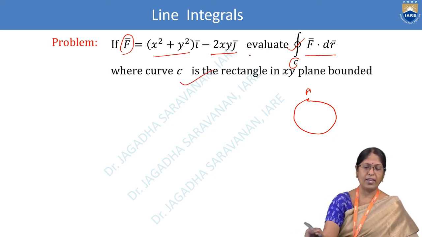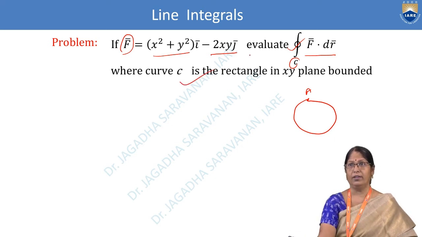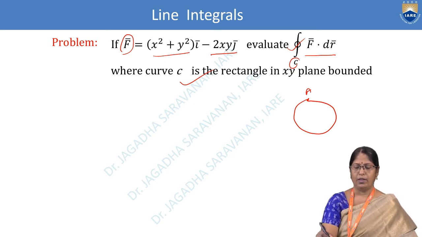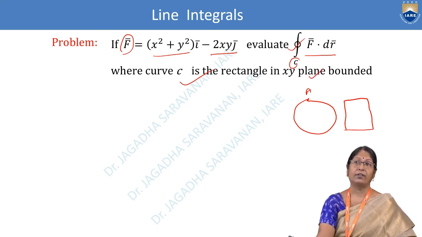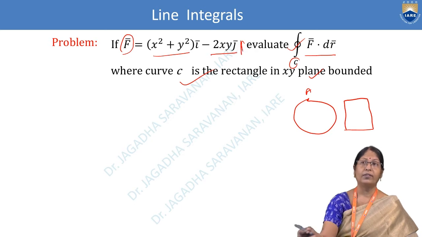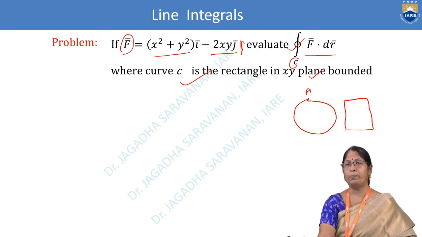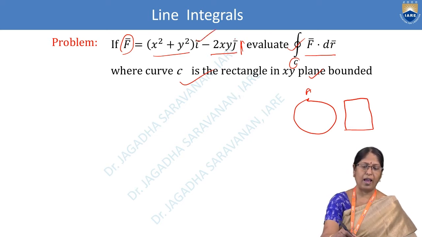Now, C is the rectangle, that is, the particle moves in a rectangular way, like this. In the xy plane it is given, strictly two dimension. That is the reason the k, the mutually perpendicular vector, is not given. Only i and j are given.